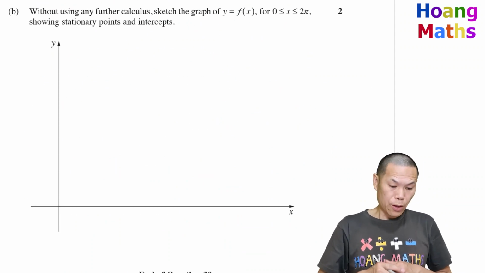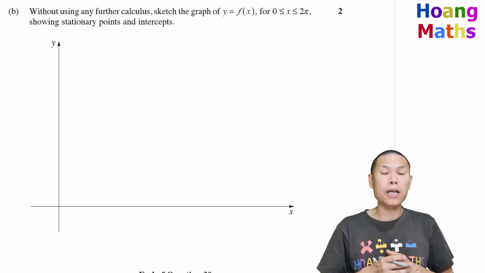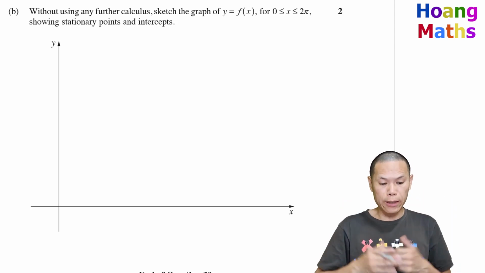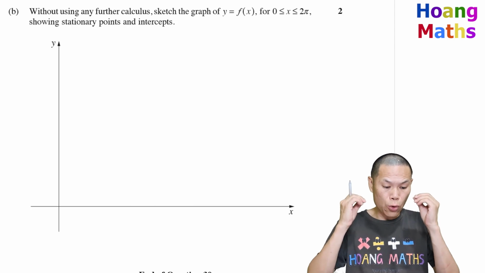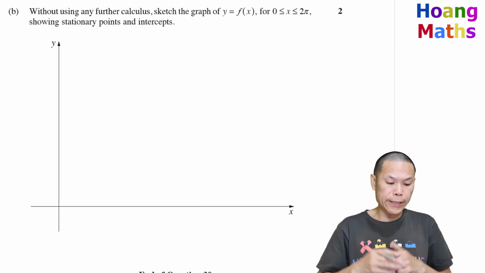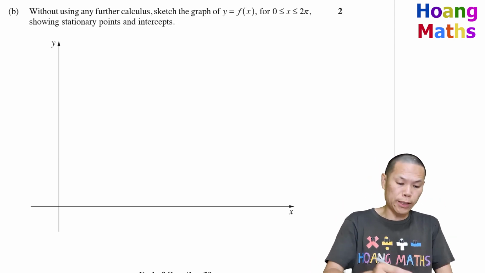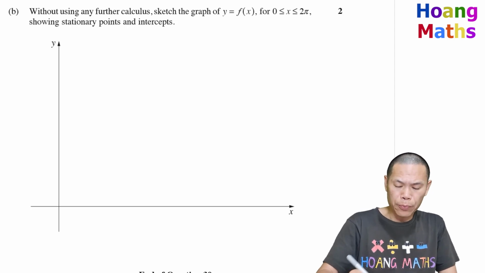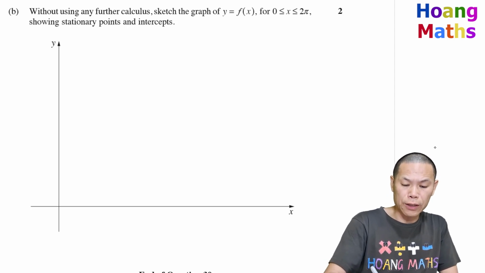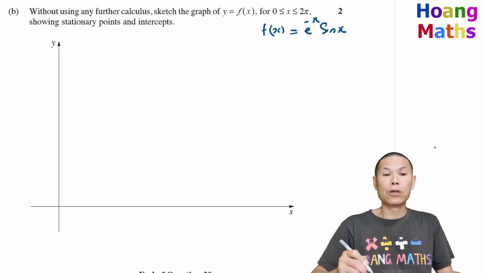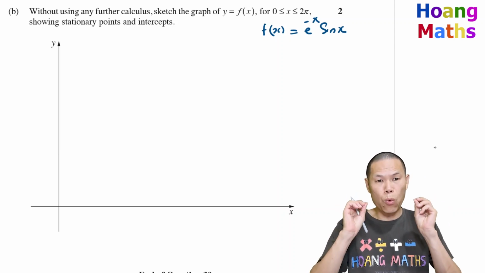Part B, without using any further calculus, so we need to sketch the function. We need to show the x-intercepts, y-intercepts, and the stationary points. Let me just write down the function first. f of x is e to the negative x sine of x. For the x-intercept, that is when y equals 0.